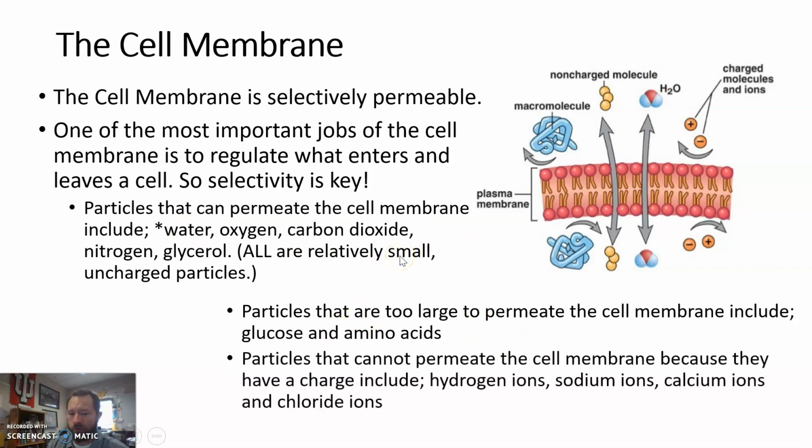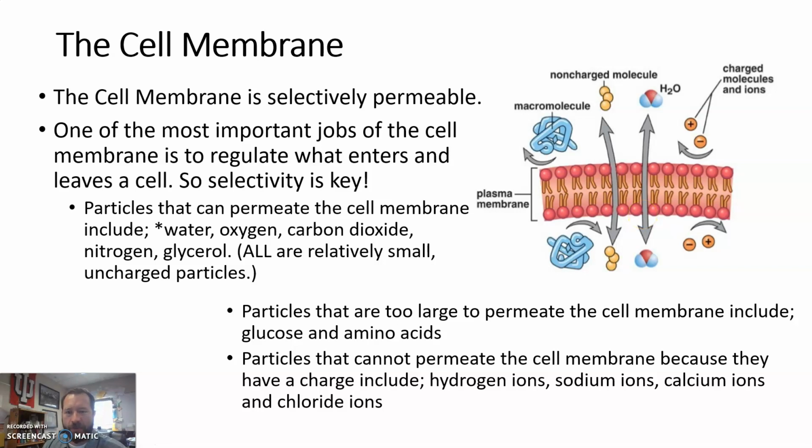There are other particles that are small enough, perhaps, to pass through the membrane, but they are unable to because they're charged. So remember, those phosphate heads on the outside of the membrane are negatively charged, and the tails in the middle are non-charged. So that kind of creates a barrier where positive and negatively charged ions can't travel right through.